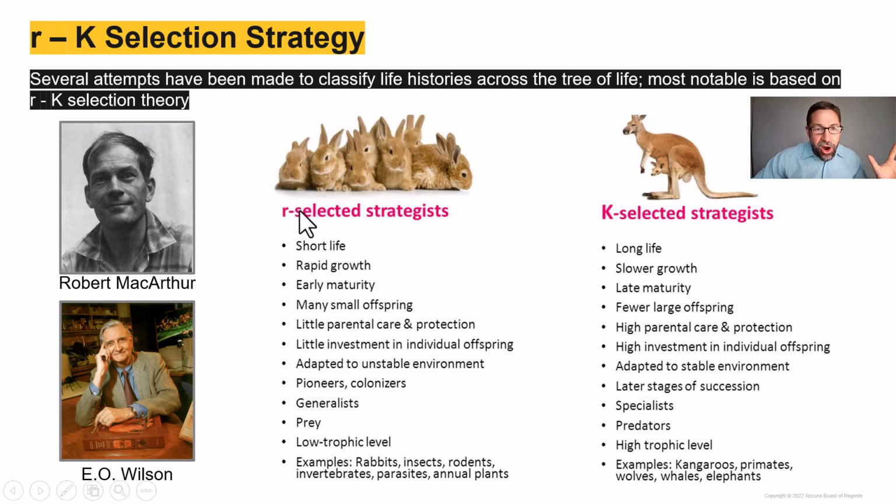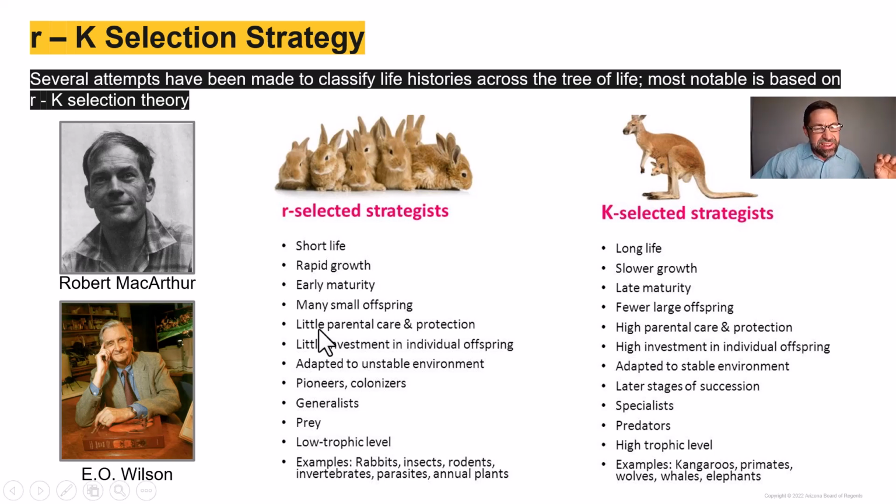In short, r-selected strategists are species that are going to live fast, die young, and pump out lots of babies. So they tend to be small-bodied organisms. They have short lifespans. They're going to grow rapidly and reach sexual maturity early. As soon as they sexually mature, they're going to pump out lots of babies as quickly as possible.